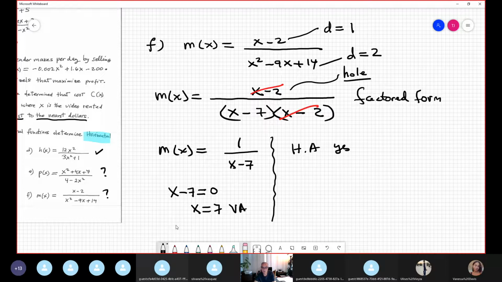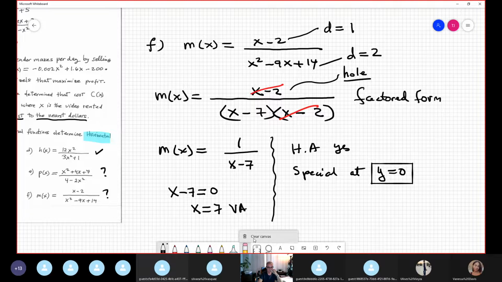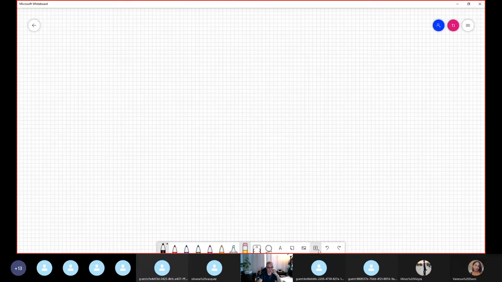So when the degree of the polynomial in the bottom is greater, we have a special horizontal asymptote at y equals 0, which is always the value in this special case. Any question? No problem. Okay, let's continue.